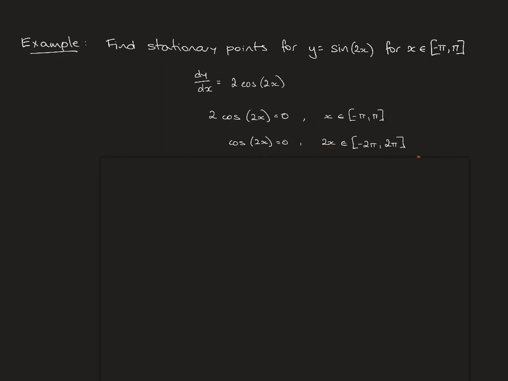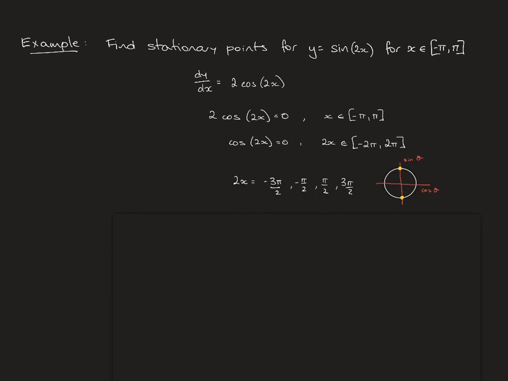We've got 2x here, so we need to have 2x is an element of. To get from x to 2x, you multiply by 2, so both of the end points of the domain are multiplied by 2 as well. Now we've got to solve cos of 2x is equal to 0. There's a couple of ways that you can do that, one of which is using your unit circle.